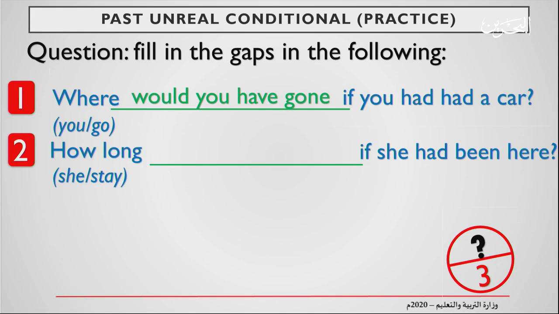Number 2: how long, gap, if she had been here? Question mark. You have to use she as a subject, stay as a verb. You have 5 seconds.